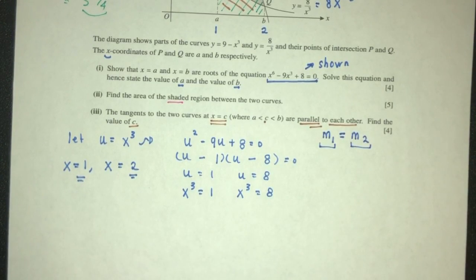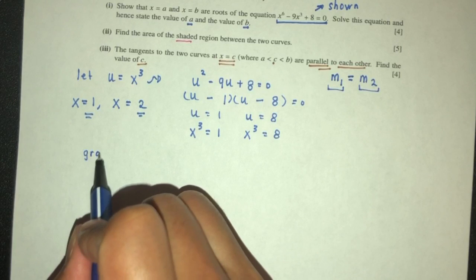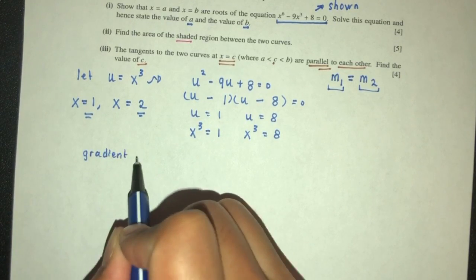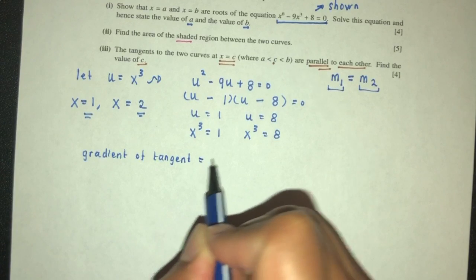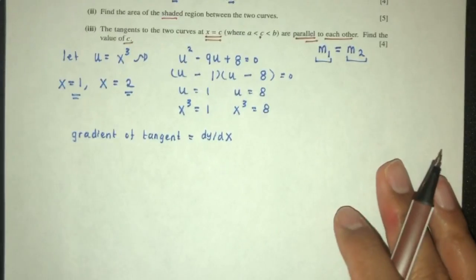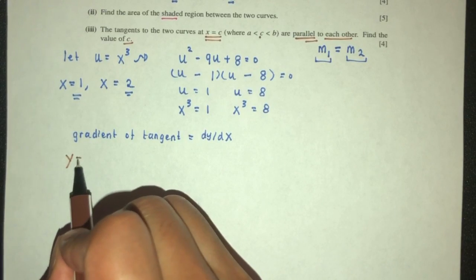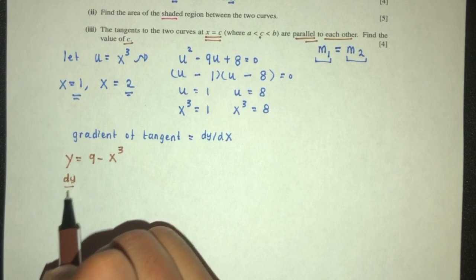So now we know that the gradient of a tangent is what? It is simply the value of dy by dx. So for the first curve, we know we had y equal to 9 minus x cubed. What is dy by dx of this one?